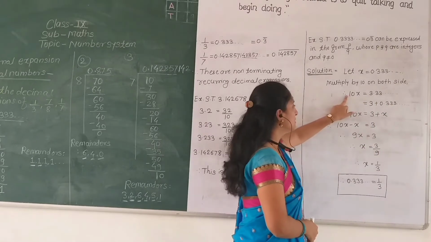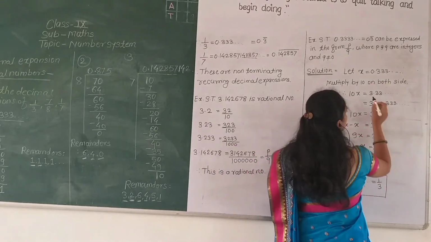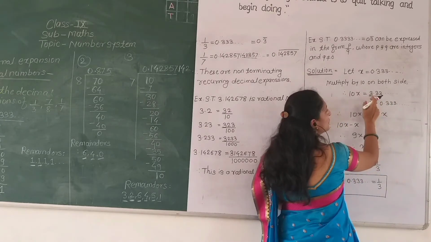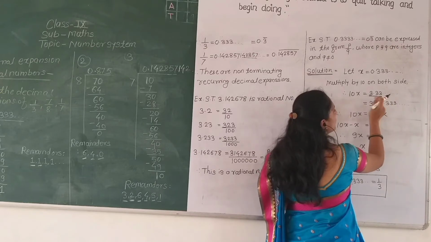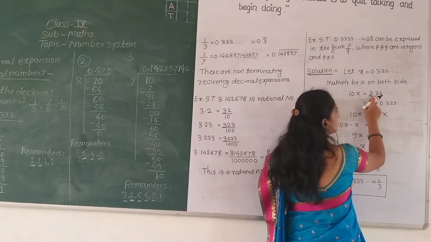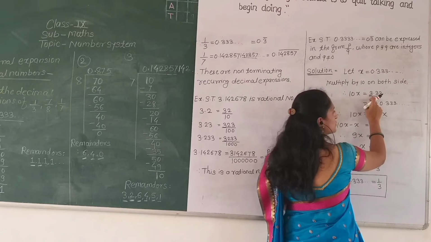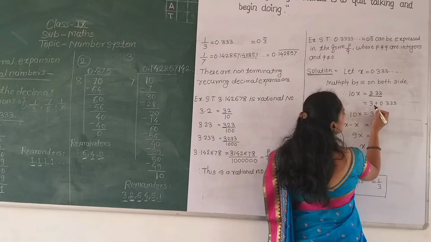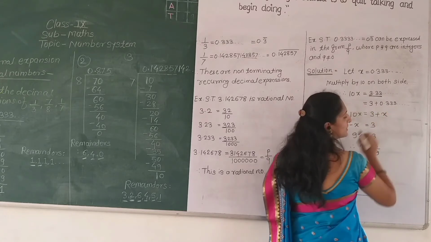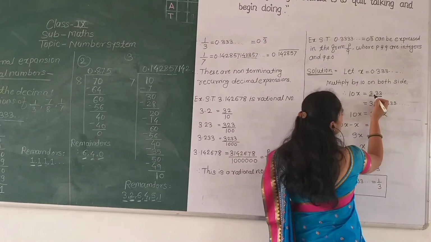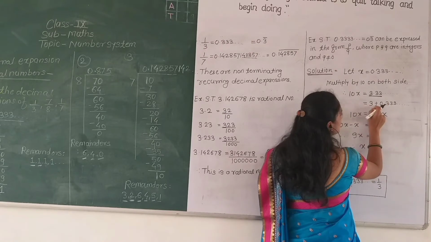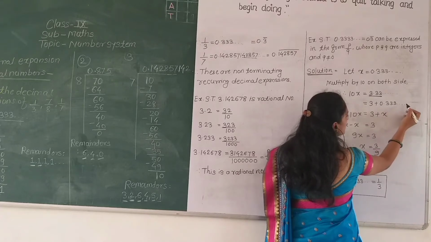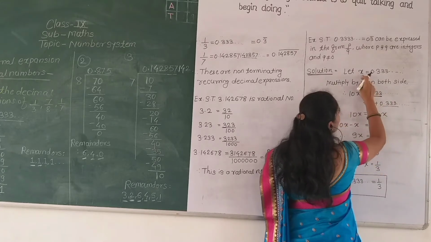Okay? Now we have to express this term in the form of x. So we can split 3.333 as 3 plus 0.333. But that repeated 0.333 is called x.